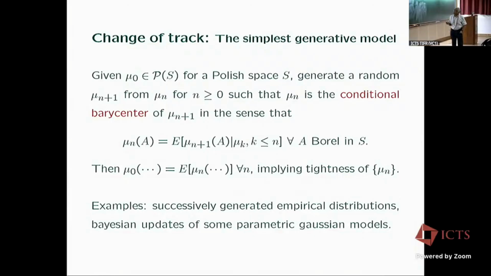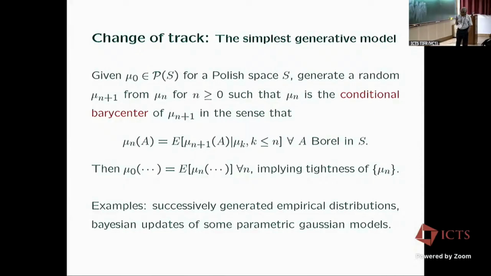Then let me talk about generative models. I'll take the most naive possible picture of a generative model. Start with some probability measure on a Polish space, say mu naught, and at time n I generate mu n plus 1 from mu n, taking mu n as a seed. So these are random probability measures.